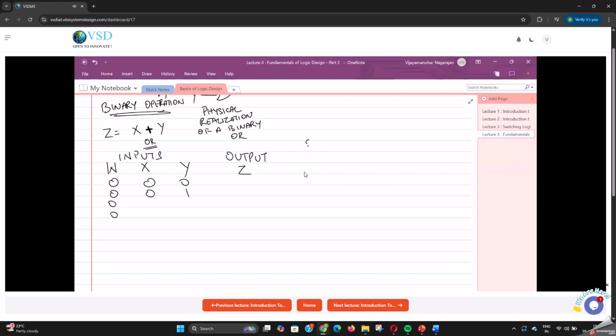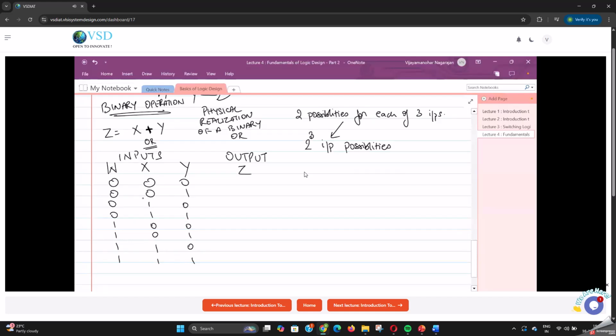So there will be 2 power 3 input possibilities, 2 possibilities for each of 3 inputs. These are the various possibilities you will see. Eight different possibilities, 2 power 3 is 8. So now what will be the output?